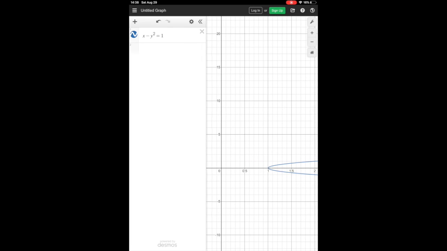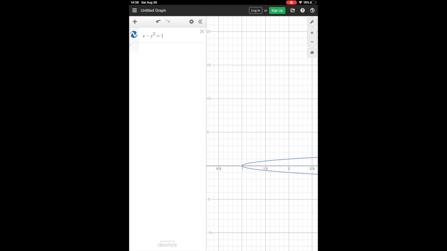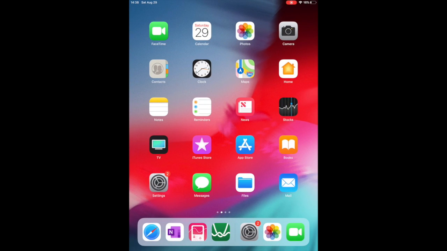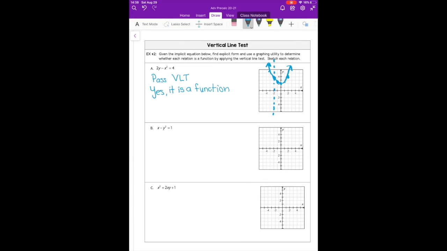I zoom in on that a little bit. My vertex is at 1, 0, and I have points there. So 1, 0.